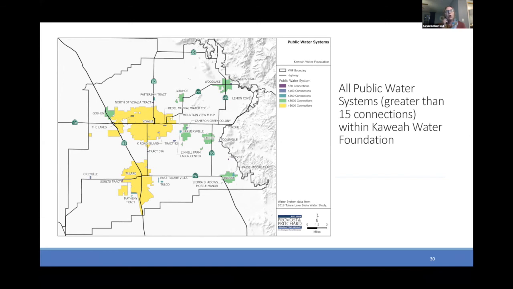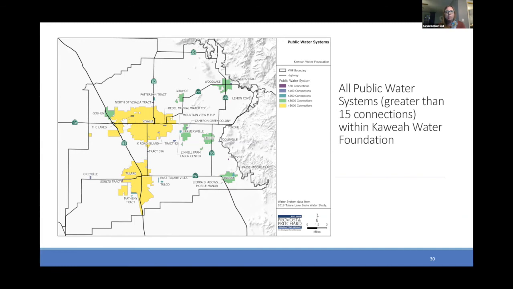This illustrates all of the public water systems, and so those are any system with 15 connections or households or greater within the Kauai Water Foundation. We've tried to capture these by color. You can see those in green and yellow are larger and include Visalia, Tulare, Farmersville, Exeter, Lindsay, and a few more.